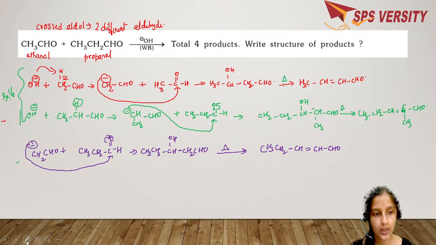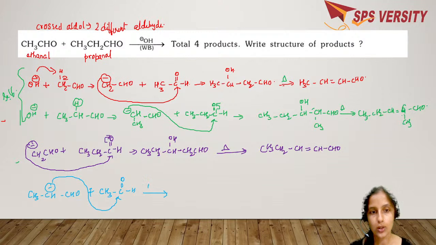And the last one over here. We'll take an alpha hydrogen from this CH3 CH. This is negatively charged now. Base abstracted a proton from here. This reacts with CH3 C double bond O H, and this will go and attack over here, resulting in the formation of a compound, that's CH3 COH H and CH CH3 CHO.